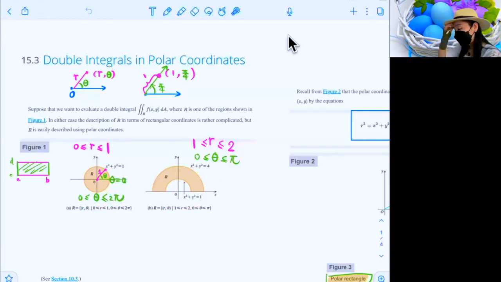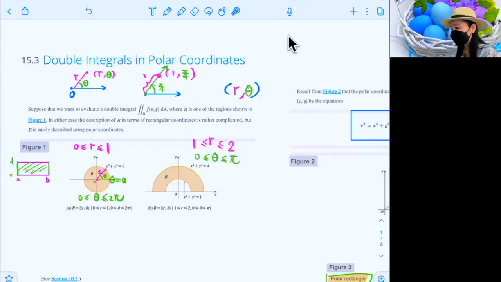Why? Because think about a rectangle in the Cartesian coordinate system. The x and y coordinates are bounded by constants, right? And in polar coordinate, we have r and theta.